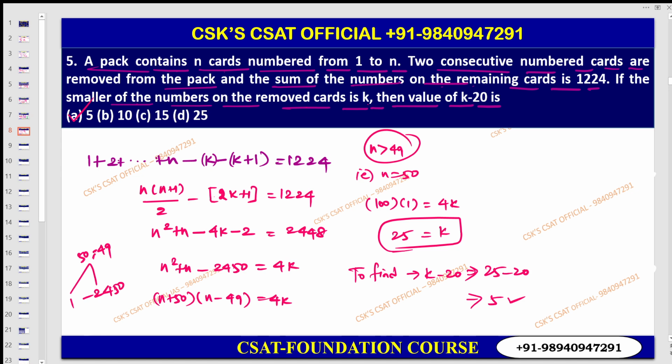Suppose the question here is to find the smaller of the numbers of the removed cards, k, that's it, then the value is 25. But the question here is k minus 20, therefore k is 25, 25 minus 20 becomes 5. Understood everyone?